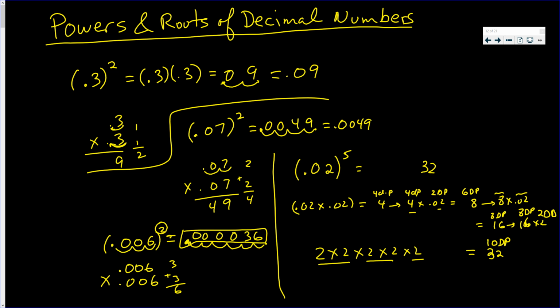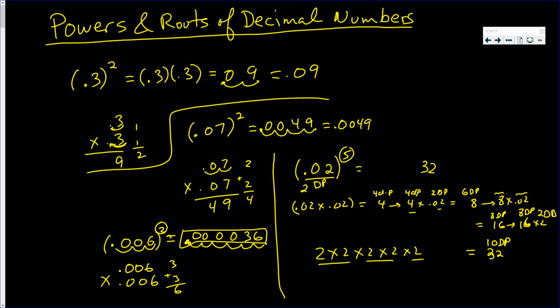Can I get the 10 decimal places a bit sooner? The answer is yes. This is 2 decimal places. And then I'm going to multiply that by 5. I'm going to multiply a 2 decimal place number by itself 5 times. And 2 times 5 is 10.